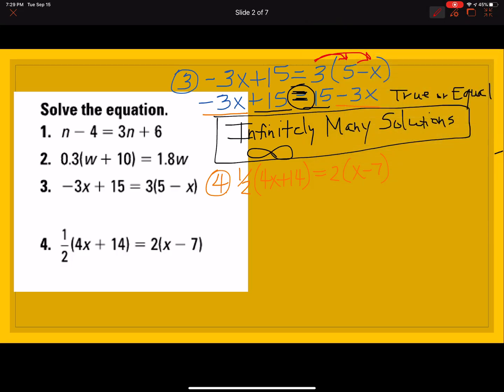I've got parentheses on both sides, so I need to distribute on the left side, distribute on the right side. 1/2 of 4x is 2x. 1/2 of 14 is 7. 2 multiplied by x is 2x. And 2 multiplied by negative 7 is negative 14.